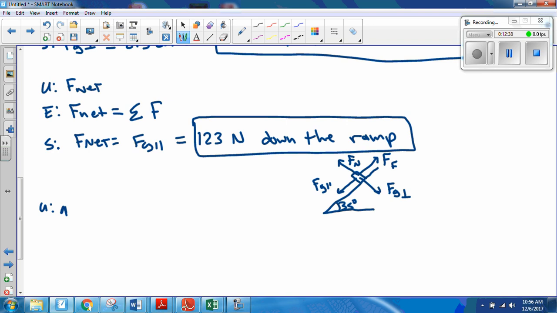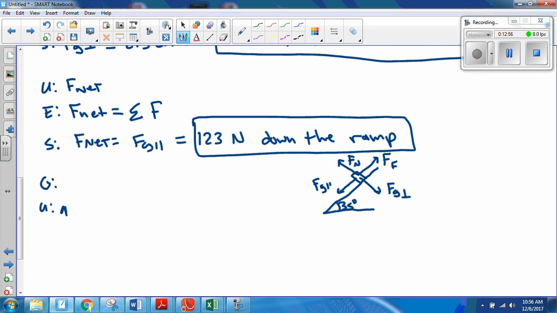Okay? I don't currently know if this thing is moving. I don't know if it's sitting still. I'll figure that out after I do the acceleration. So that's why it doesn't say force of friction static or force of friction kinetic. Even the coefficient that they gave us didn't say which one it was.